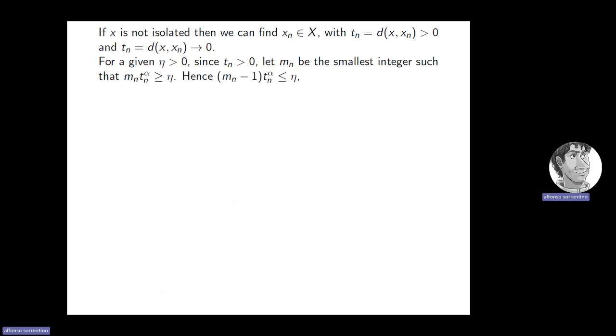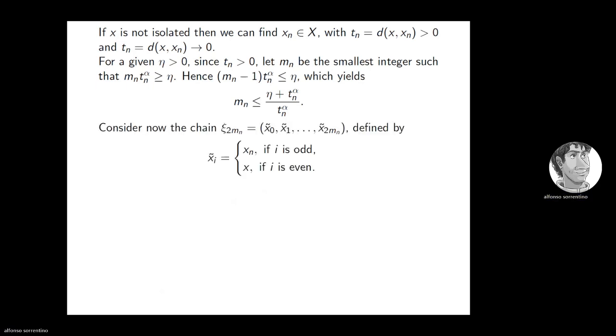Because it's the smallest, the one before had to satisfy the opposite inequality. This one is at least 1, because eta is positive, and therefore mn minus 1 is at least 0, so it's non-negative. So the second inequality bounds mn: mn is less than eta plus tn to the power alpha, divided by tn to the power alpha.